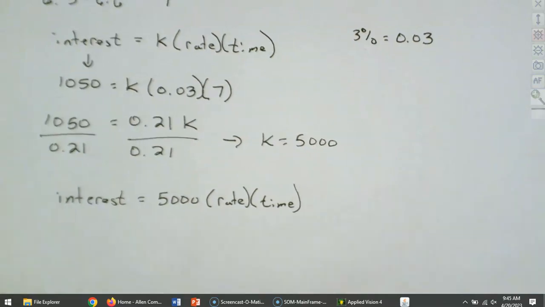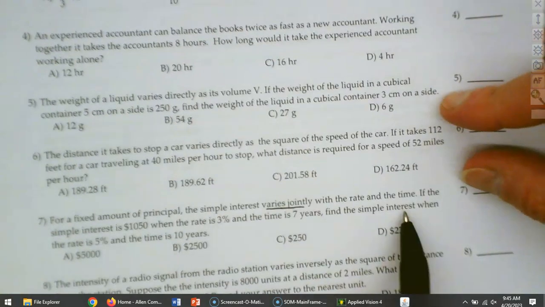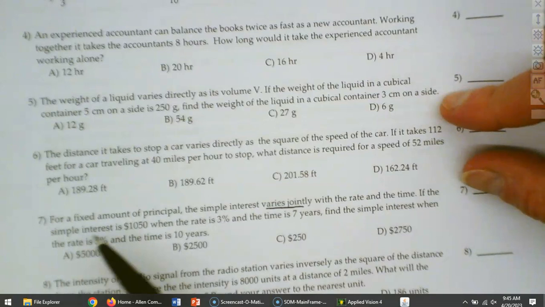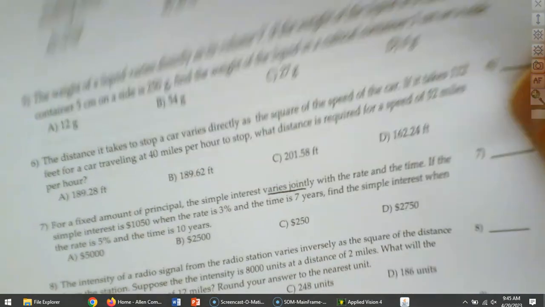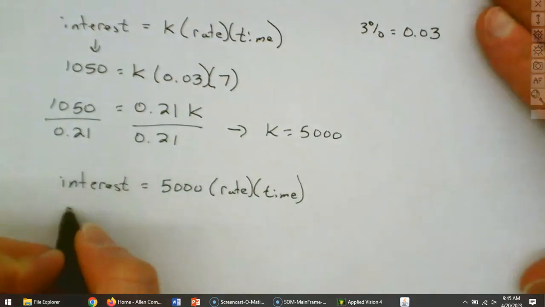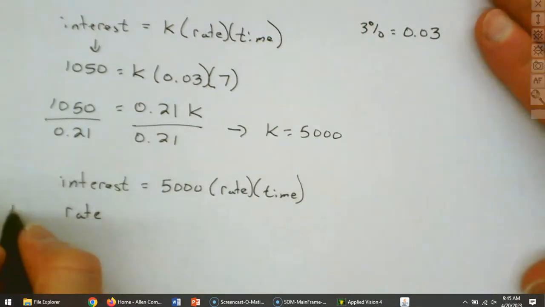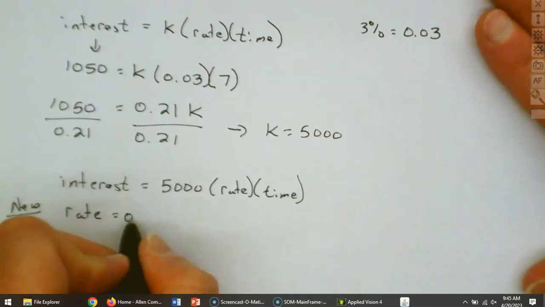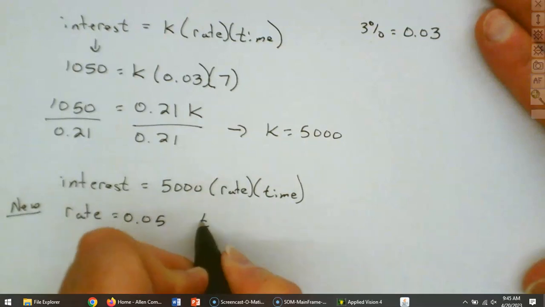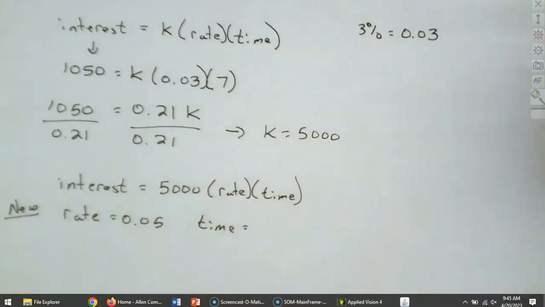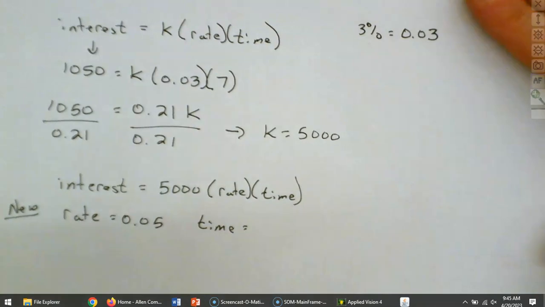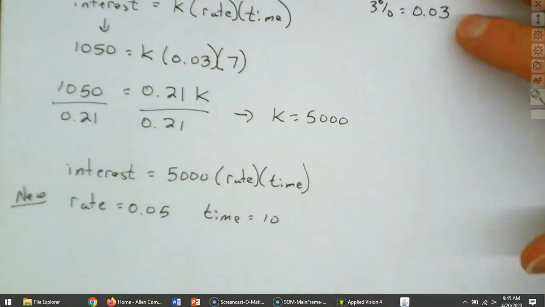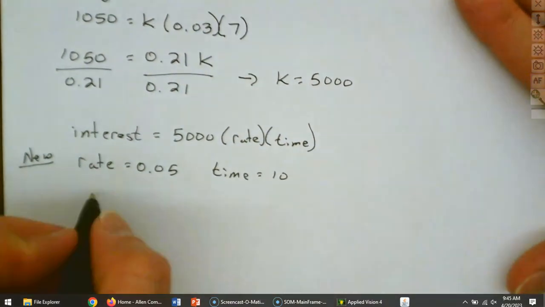So now, we want to find the simple interest when we've changed the rate to 5% and the time is 10 years. This is the new part here. The new rate is going to be 5%, so that's 0.05. The new time is going to be a little bit longer, 10 years. Plug our values in.